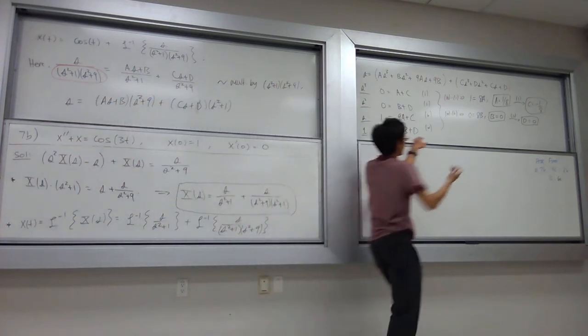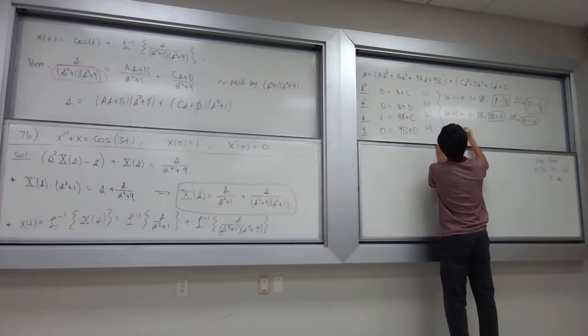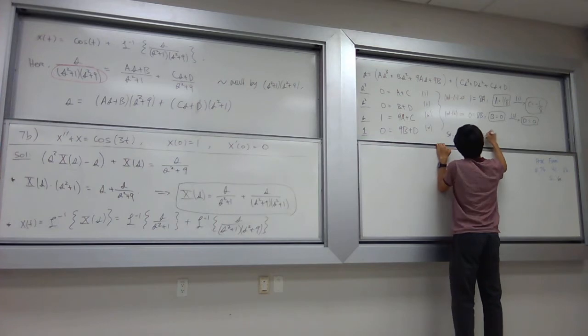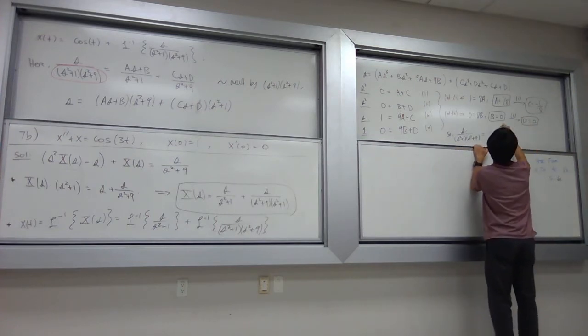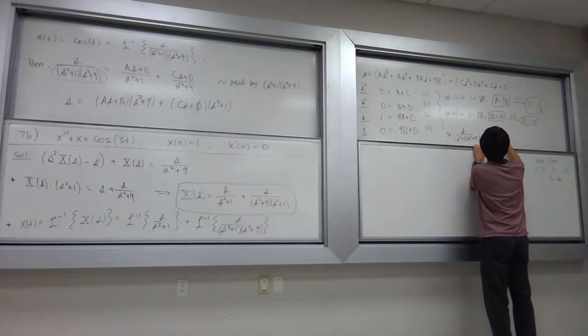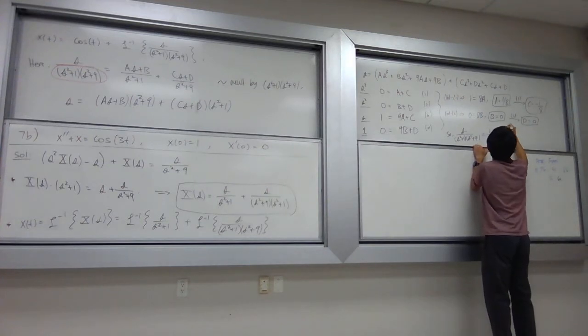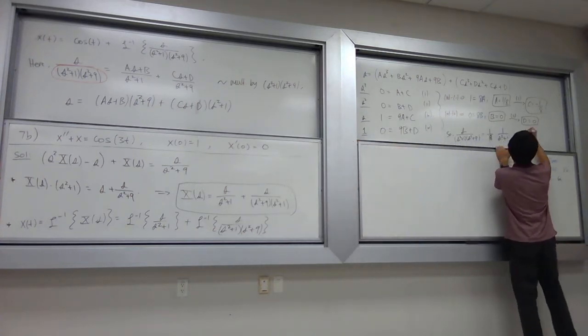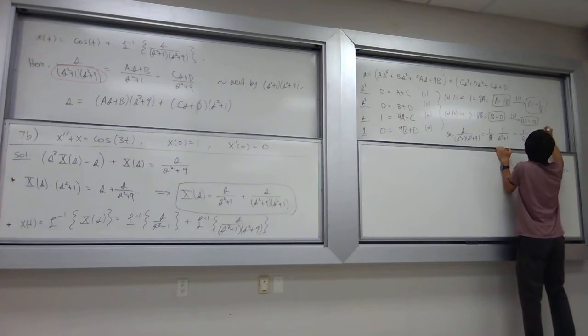In other words, it simplifies nicely: the term that we had before just splits up into 1/8 of each. So it's 1/8 of the 1 over s squared plus 1, and then minus 1/8 of the other one, over s squared plus 9.